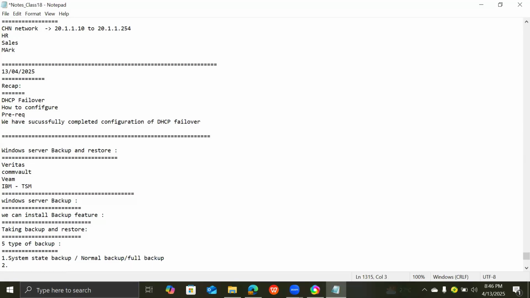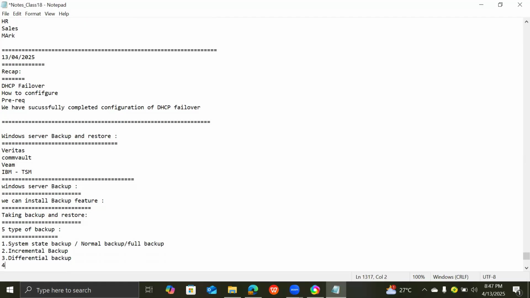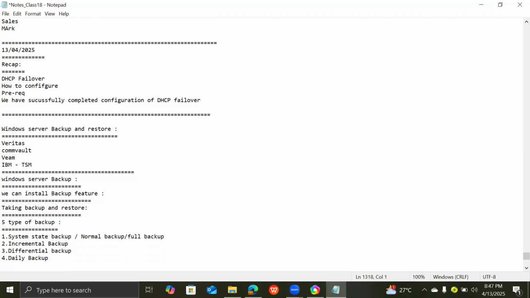The second one is incremental backup. Third one is differential backup. Fourth one is daily backup. And the fifth one is copy backup.